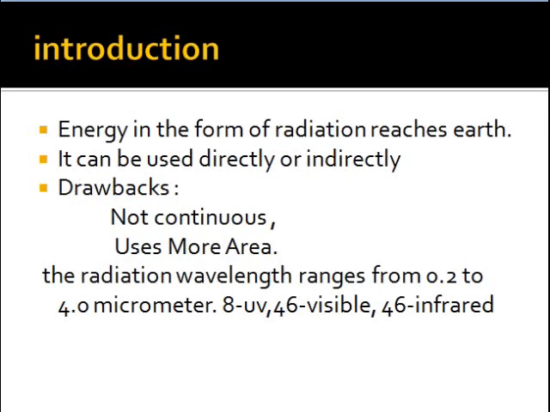So it is not reliable. Continuously you will not get power. In between, if cloud comes, dust comes, or any other material comes in between, then it will reduce its intensity. If intensity is reduced drastically, the power production will come down. So continuously we cannot generate.